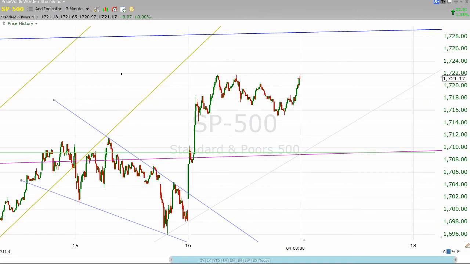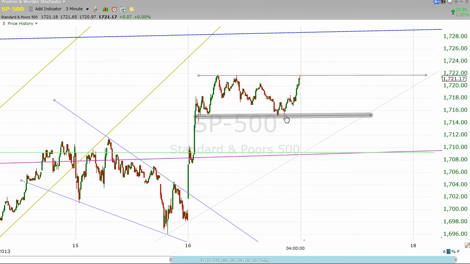So what I'm going to do is I'm just going to draw a line across these tops because they line up. They line up pretty well. And they are right at just under 1722. And then we could also snap a line at about this level.